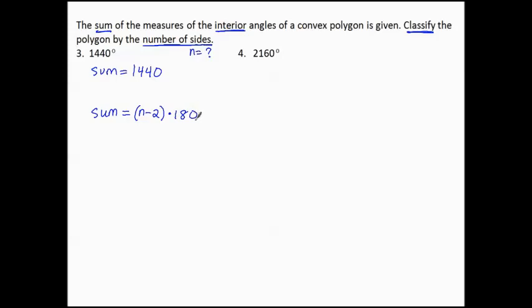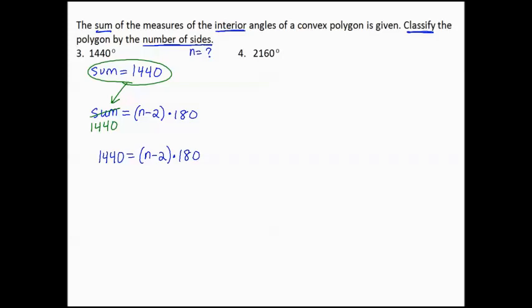What part of this was given to us? Not the n, we need to find that. We are given the sum. So we're going to take what the sum is and put it in there. 1,440 in this case. Let's go ahead and write that equation. 1,440 equals n minus 2 times 180. We have to solve for n.